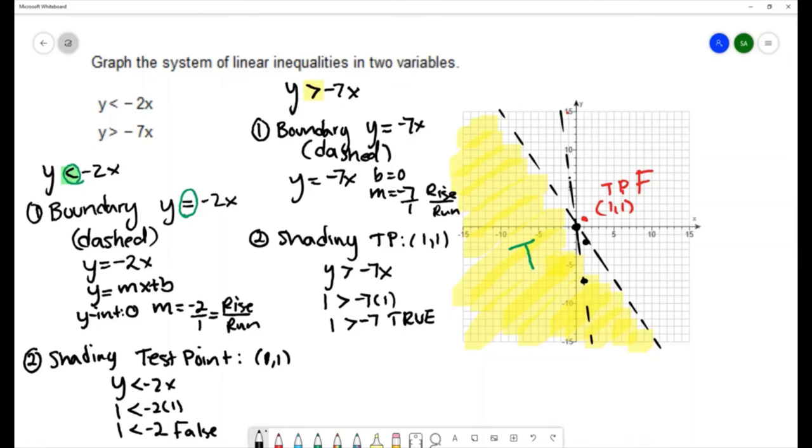And so this time, my test point of 1, 1 was true. And so that means all of the ordered pairs on that side of the line will also give true statements when substituted into the inequality. I'm going to choose a different color to shade with so we don't get confused. And I'm going to shade that side of our line that contains the test point.